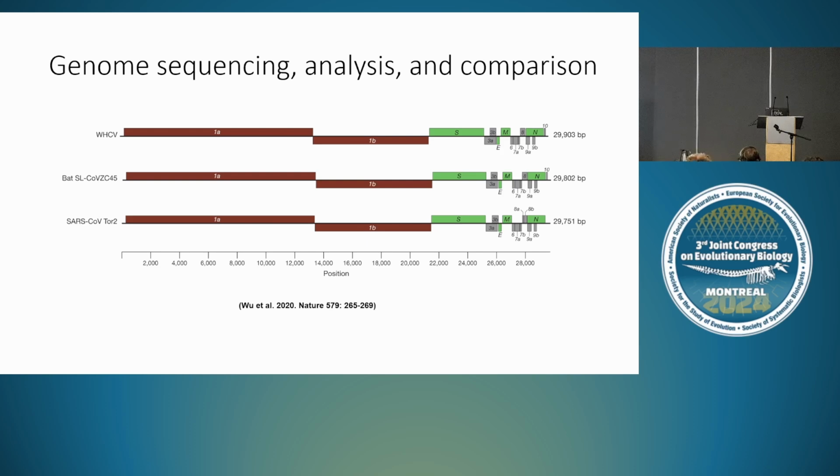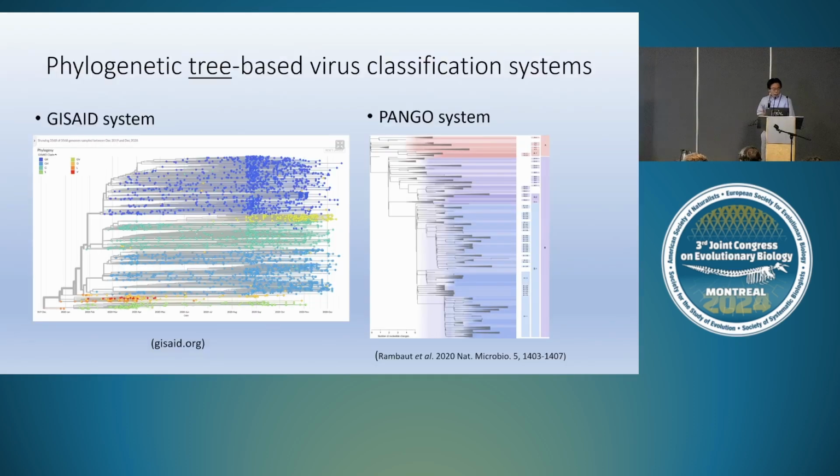The genome sequence was quickly announced and then compared with some other closely related viruses. Since then, of course, many variants have been discovered, many lineages have been identified, and these are the two most important systems characterizing or classifying the different lineages of the virus. So the GISAID system and the Pango system, both of them, as you notice here, use a phylogenetic tree approach.